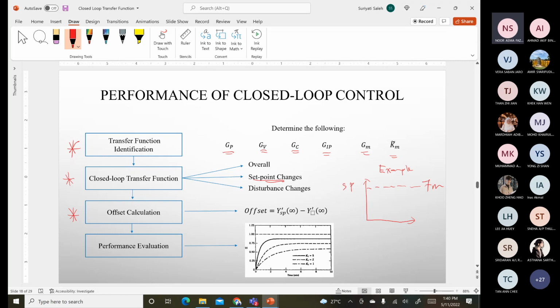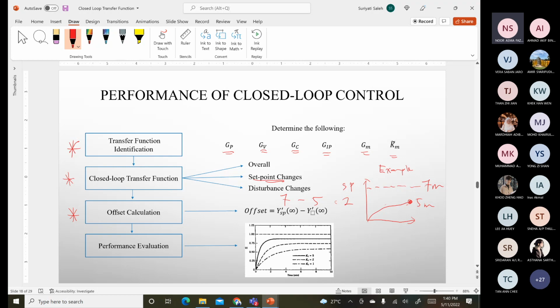Then based on the controller, I calculate it. Oh, now my measurement is around 5 meter. So this is what my controller can achieve. This means the offset here is 7 minus 5, equal to 2 meter. So the offset is 2. That means you are short by 2 meter. That is what is meant by offset.